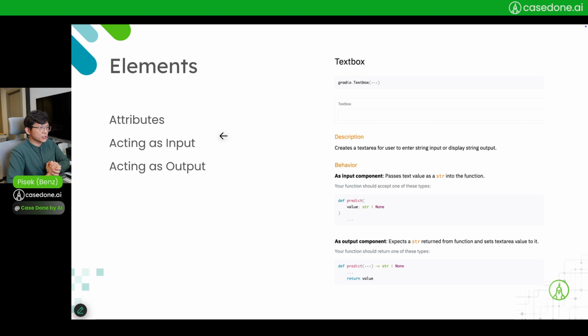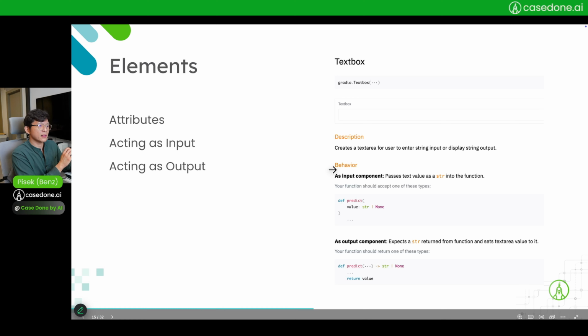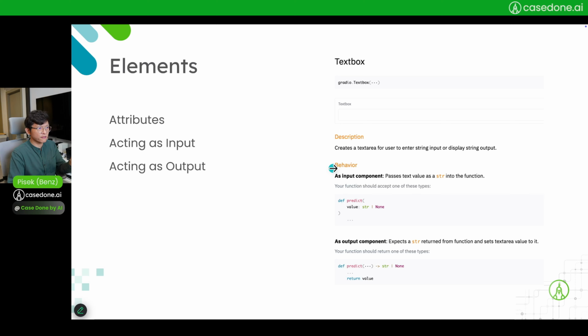But what you need to know quickly is that elements can act as an input to a function, or can act as an output of a function. And in the Gradio documentation, it has a description of what the value would be if the element acts as an input, or the value if it acts as an output.